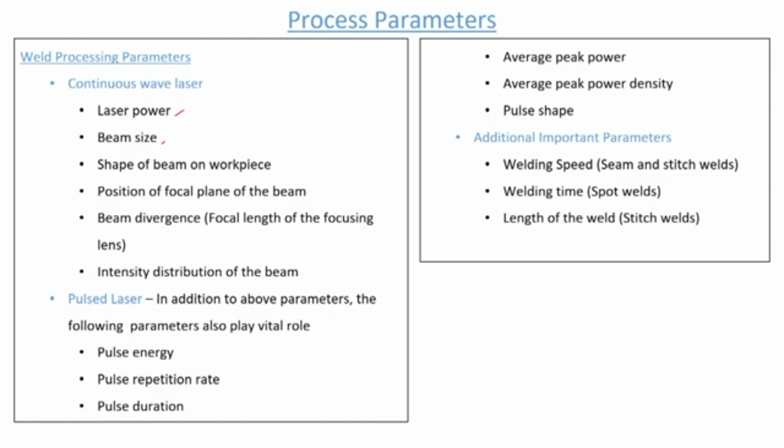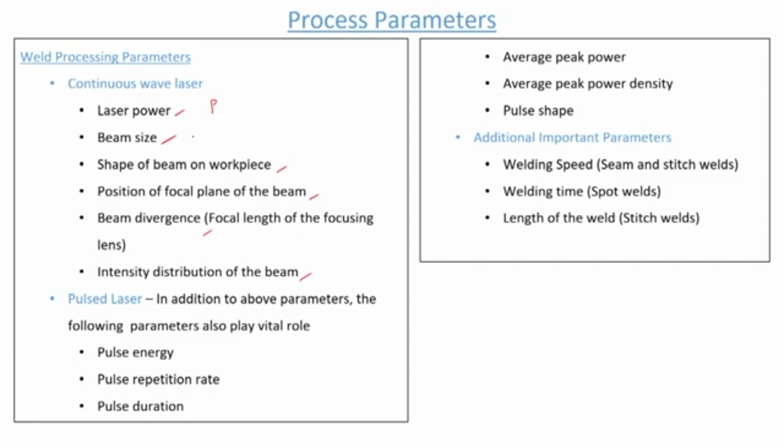Well, let us look at these parameters a little more in detail. As we have already seen, power, beam size, the shape of the beam, position of the focal plane of the beam, divergence and intensity distribution of the beam, these are affecting. The power is quite obvious, the beam size is deciding the density.